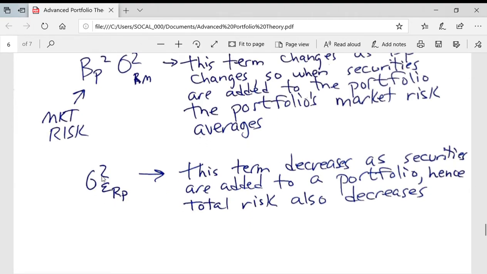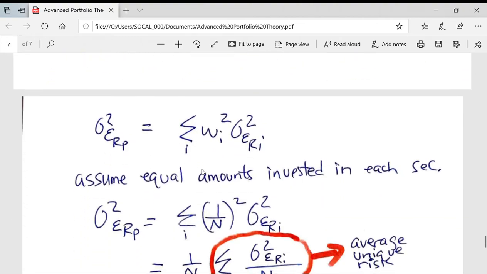Now here we have the variance of the portfolio's error term. This term decreases as securities are added to a portfolio, hence total risk also decreases. This is what we want to prove, that this is a true statement. So here we have the variance of the portfolio's error term being the sum of the weight in each stock's error term variance squared times the error term variance.